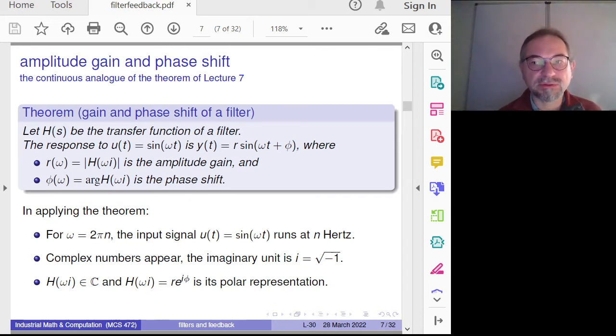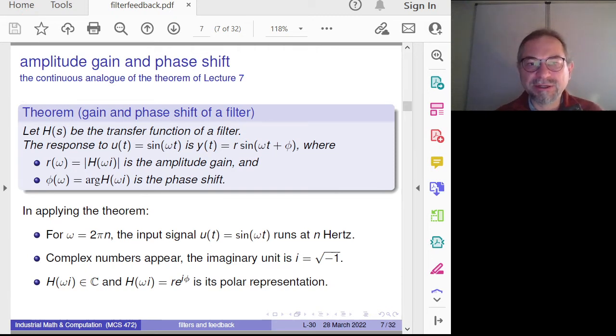What determines now essentially the behavior of a filter? Well, we take the response to a sine function running at various frequencies, and we look at the output.